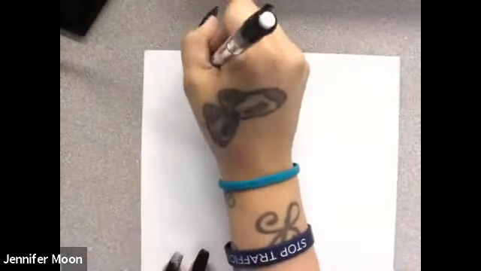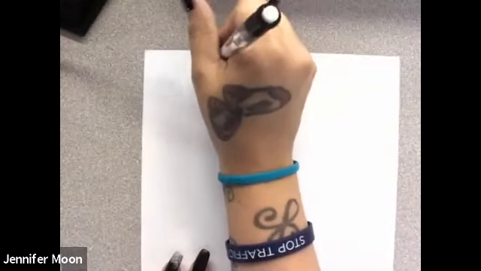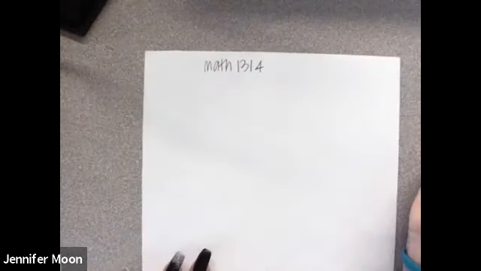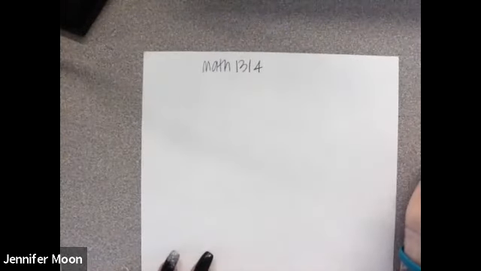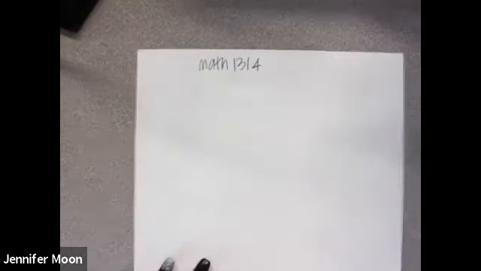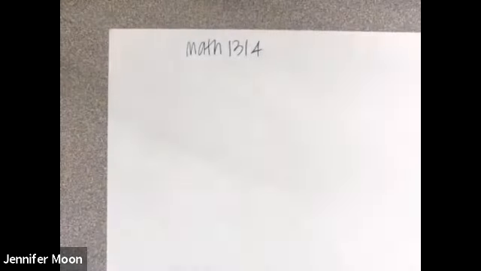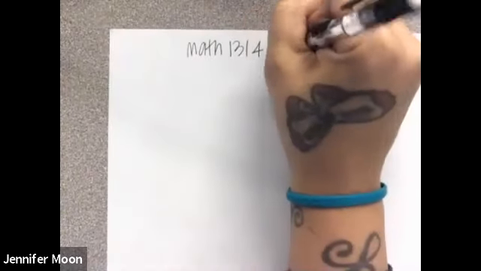Y'all can't see when I write in pencil, can you? That would be freaking awesome. Let's see if you can. Oh, I don't like this pencil. Barely. Let me zoom in and see. And then what is this?